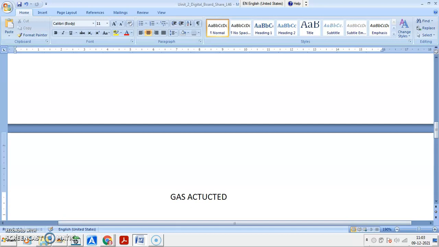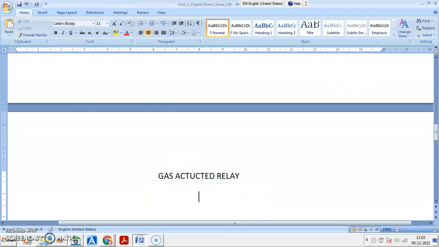Gas actuated relays. So gas actuated relay, especially Buchholz relay. Buchholz relay.